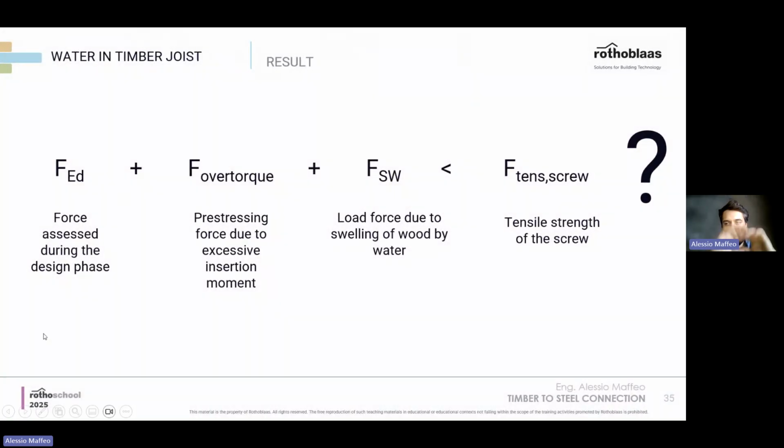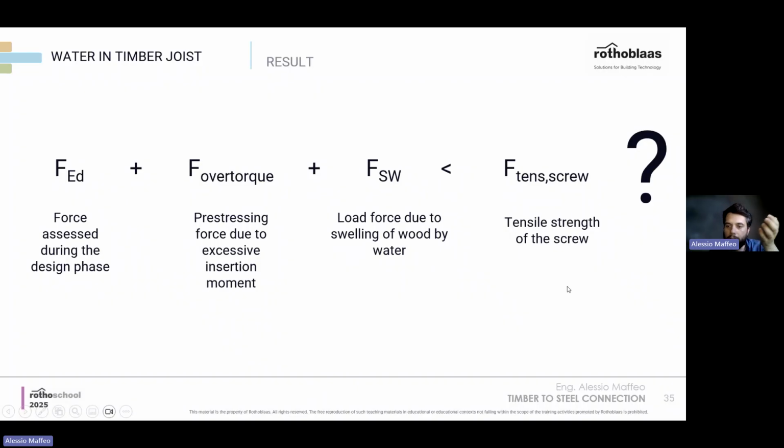So again, making a summary, let's say, we have the force that we have to design for. We have the over torque that generates an additional tensile stress. We have the load caused by the wood swelling. All of these should now be lower than the resistance of the fastener itself.